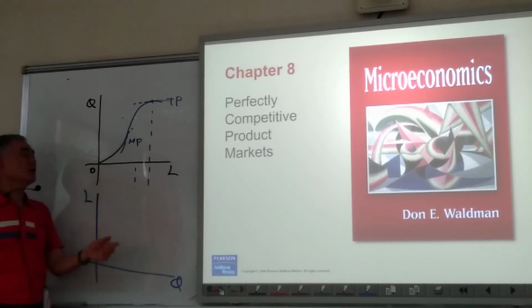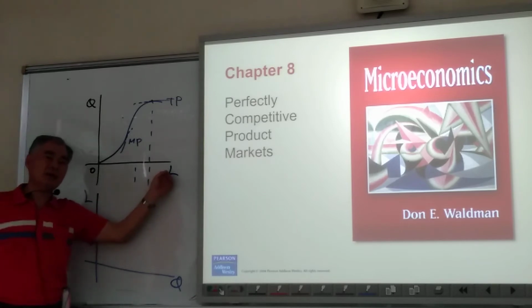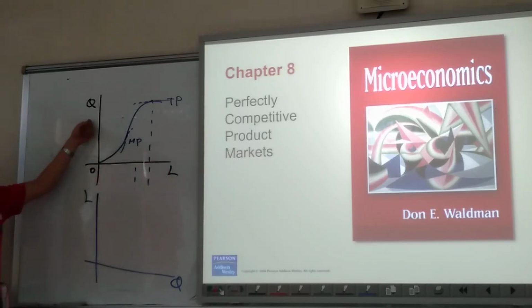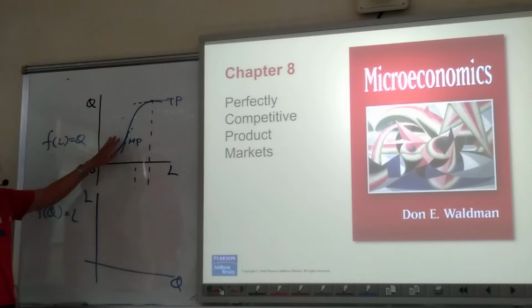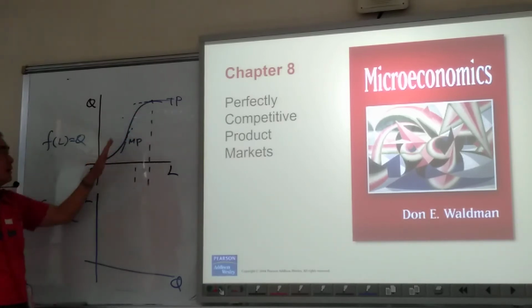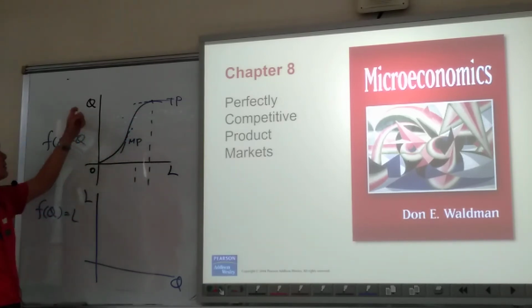It is only that here I'm looking at L as the independent variable, right? And here is the dependent variable. So I have F(L) equals Q. And here what's the difference? It means F(Q) equals L. Okay? So how am I gonna draw this diagram here? Because here L, here Q, right?